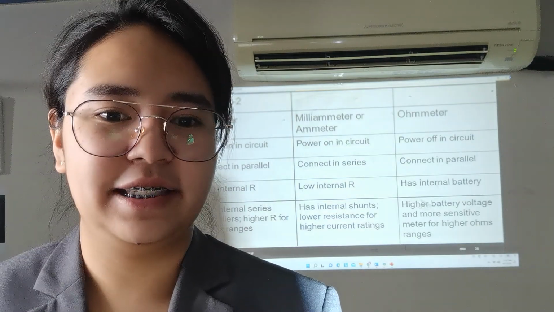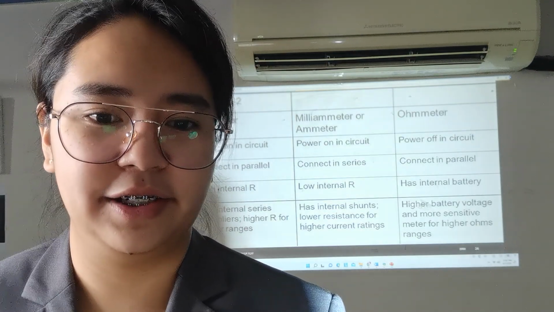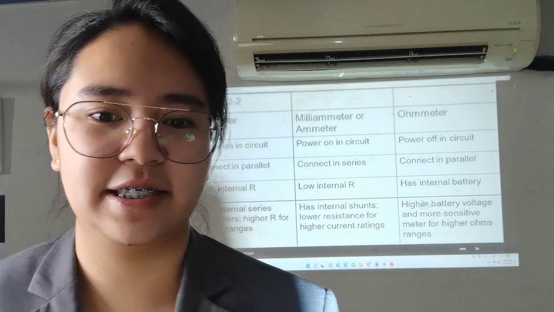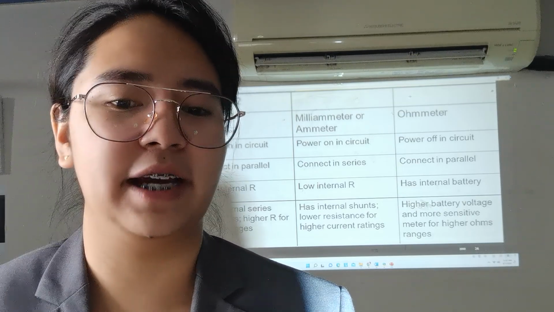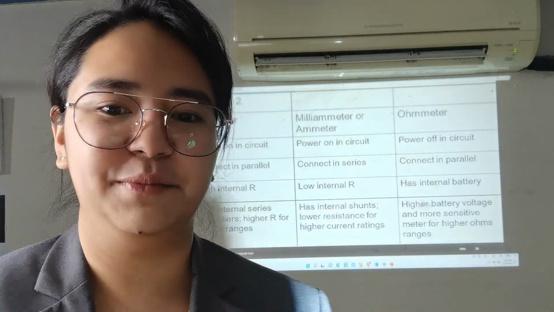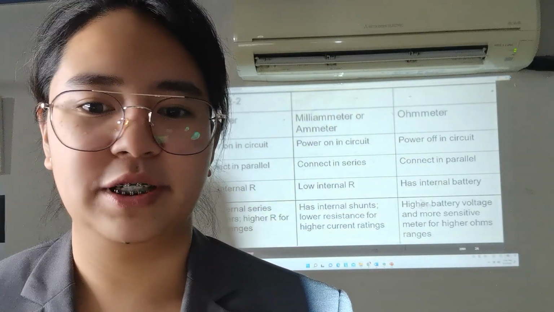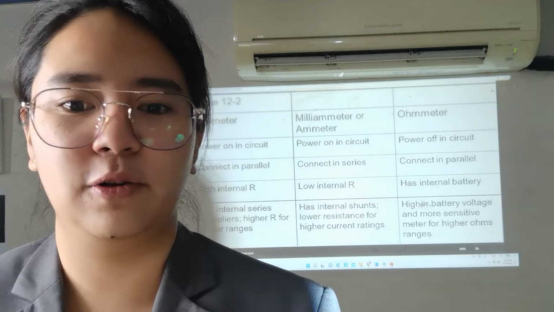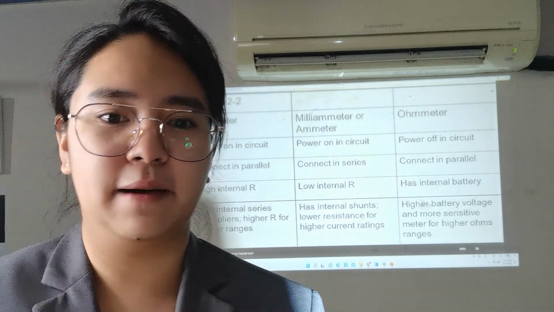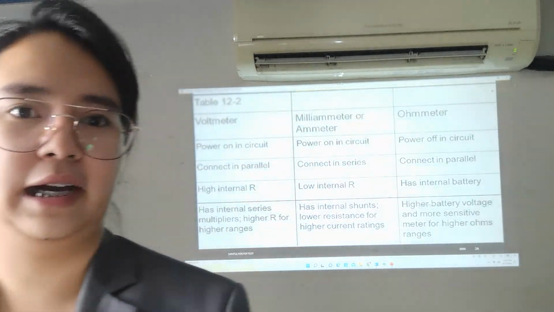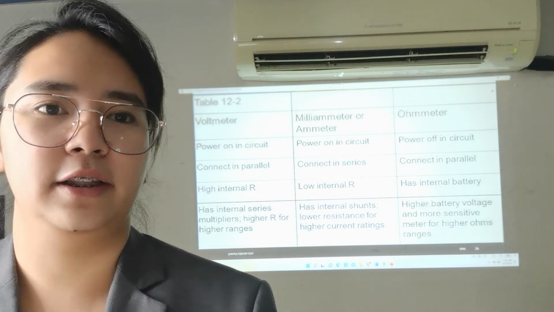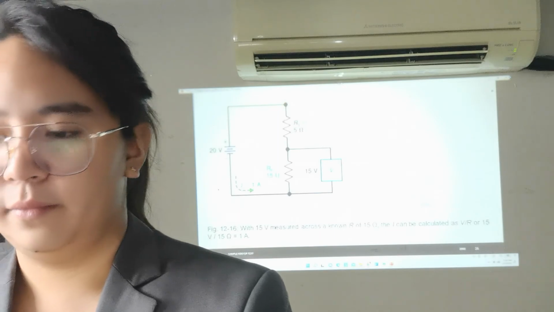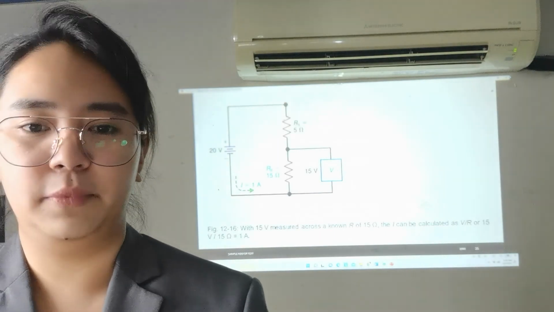Has internal series multipliers, higher R for higher ranges; has internal shunts, lower resistance for higher current ratings; higher battery voltage and more sensitive meter for higher ohms ranges. That is the voltmeter, the milliammeter or ammeter, and the ohm meter. That is the example below.